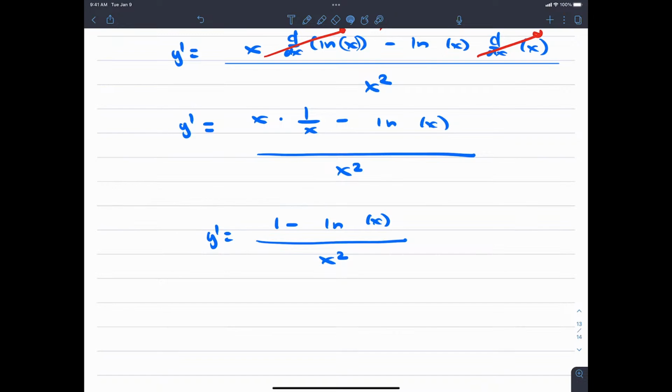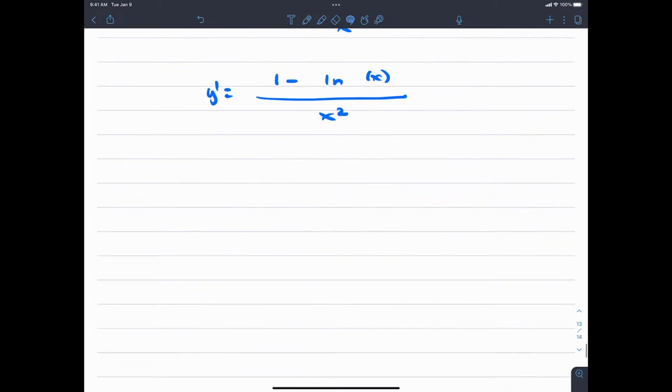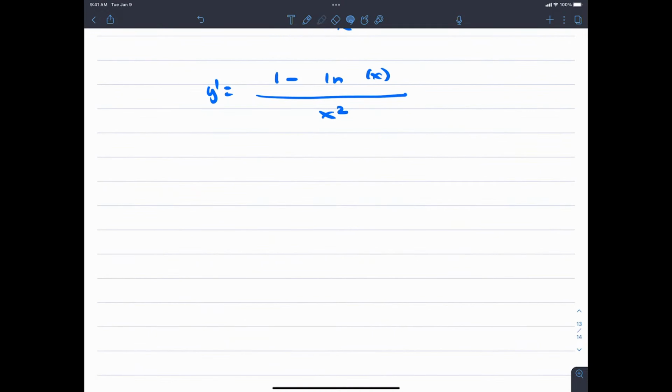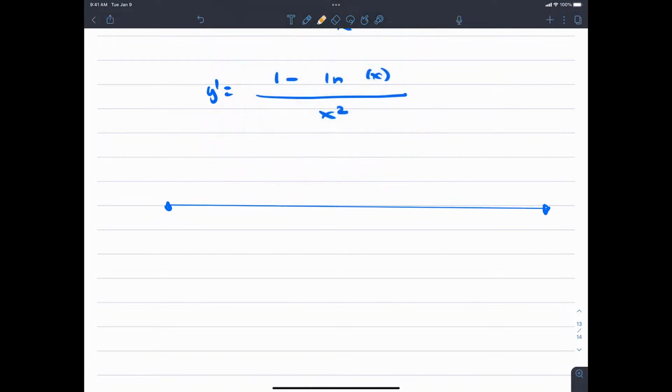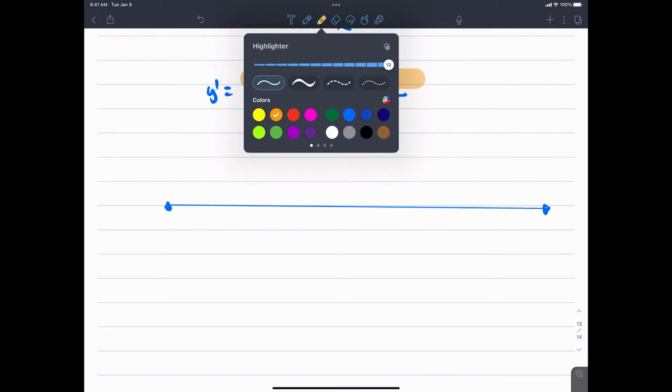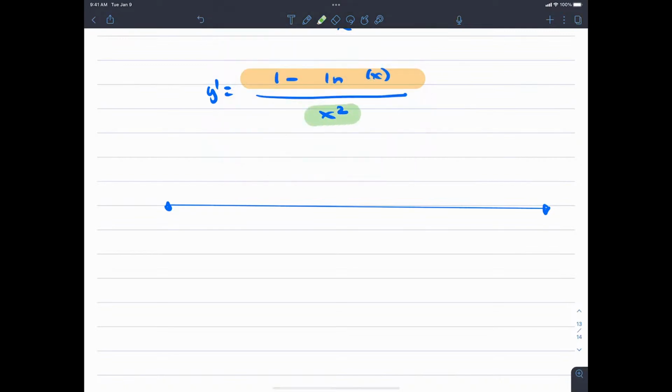So remember sign analysis. What's sign analysis? Well, a couple of things. If you had to do sign analysis just by looking at that function, here's what people might do. Remember, the process of sign analysis, when you have a rational function, you let the numerator be 0, you let the denominator be 0.